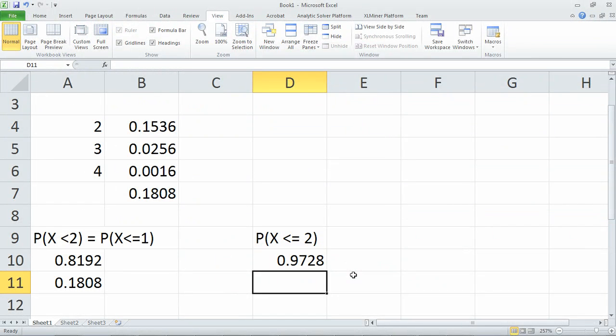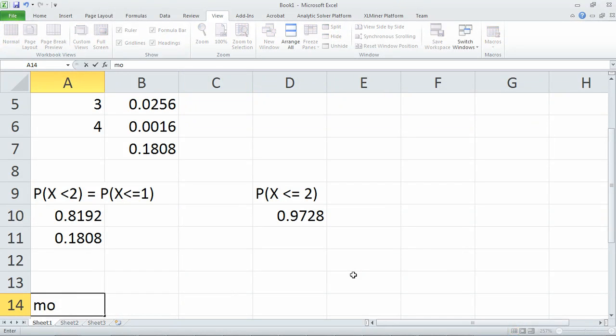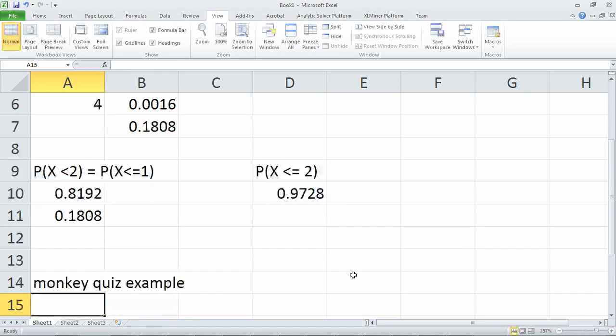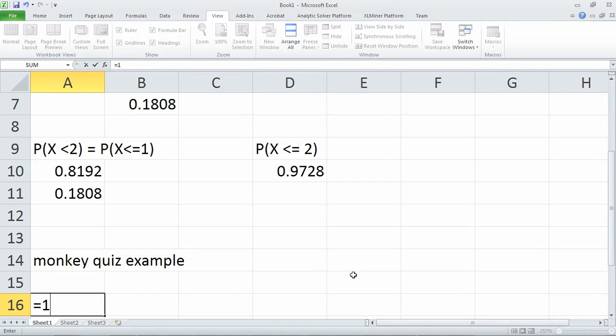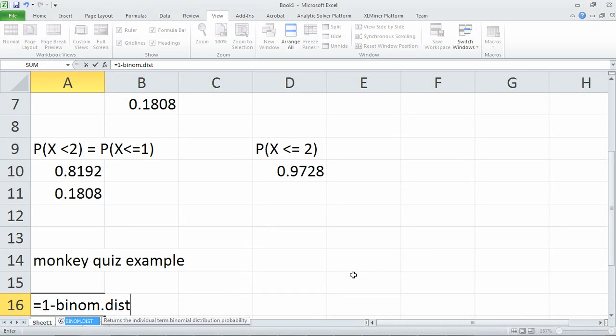So if I come back over here to Excel, this is the monkey quiz example, I will say 1 minus binom.dist, number of successes is 4, number of trials is 10, probability of success is 0.2, and cumulative is true.